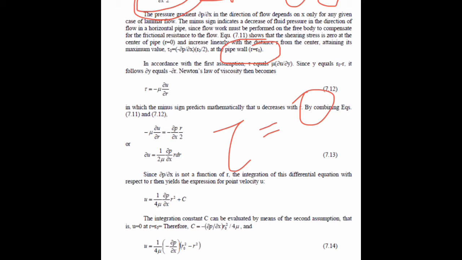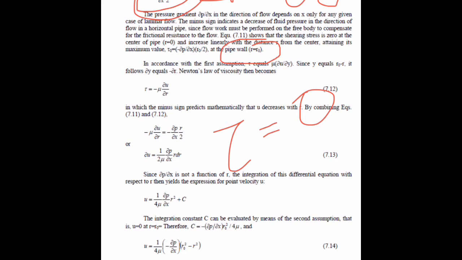The maximum point velocity u max occurs at the center of the pipe and has the magnitude u max equal to 1 by 4 mu minus del p by del x whole into r naught square. From the above equation, the point velocity can be expressed in terms of u max as u equal to u max into 1 minus r by r naught whole square.